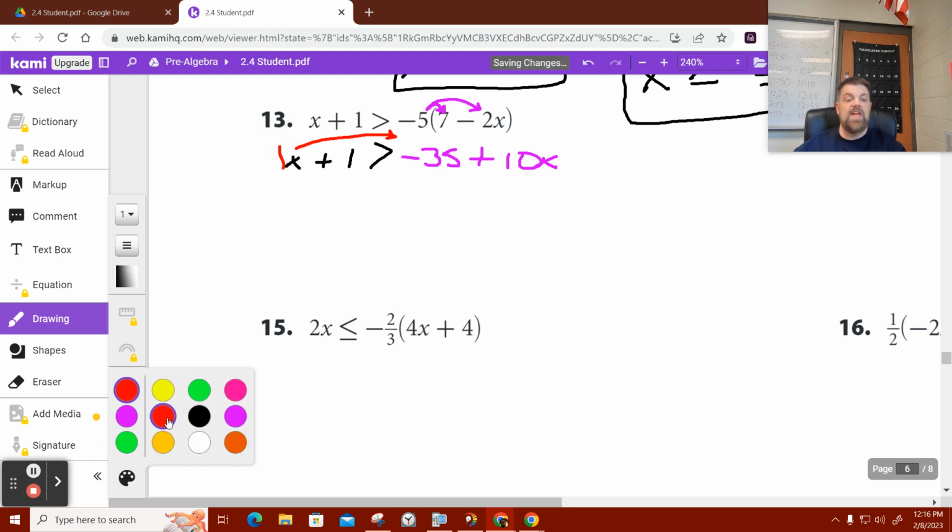So how do I move that? How do I move that 1x over to the other side? Do I multiply, divide, add, subtract? Subtract what? Well, I want to move the x with it.